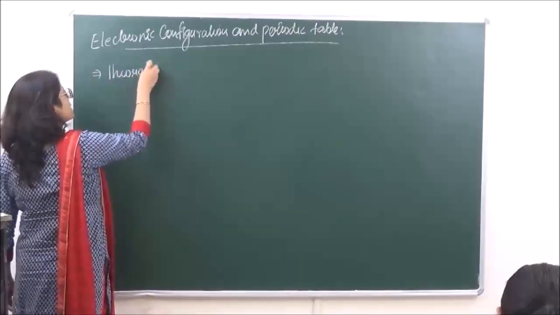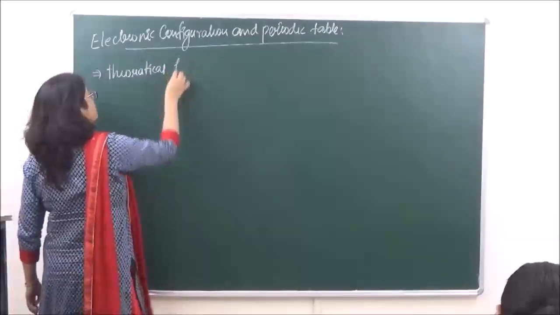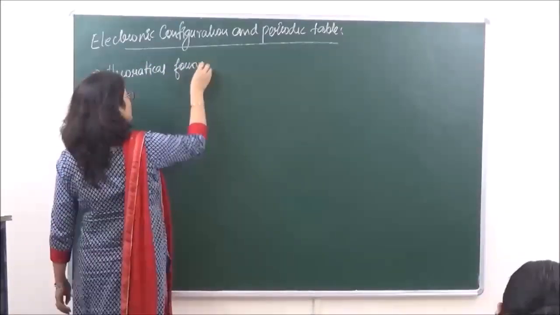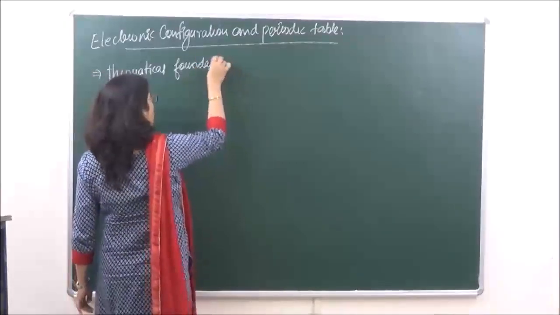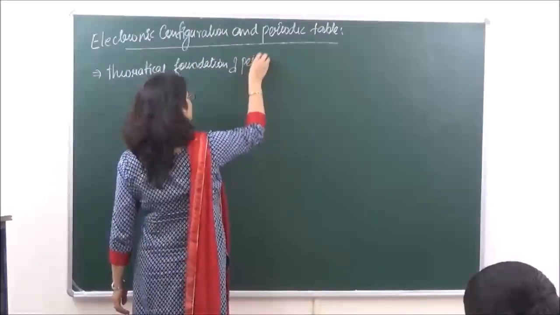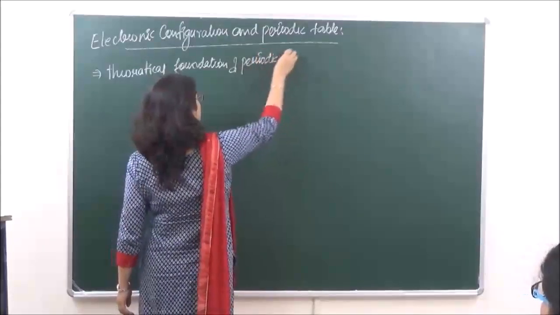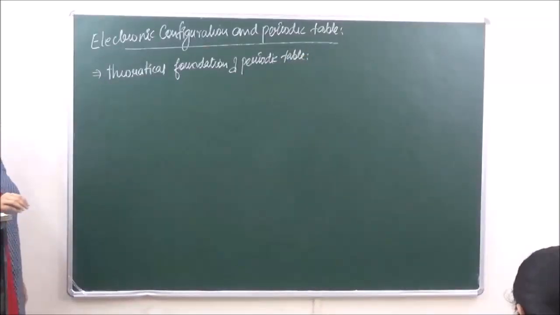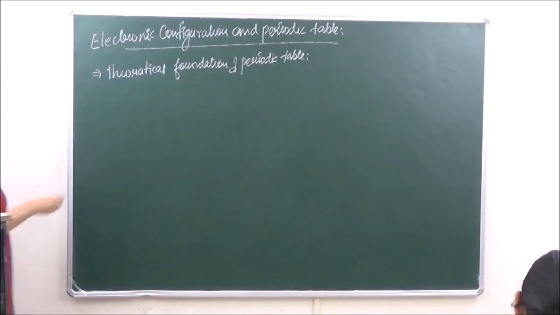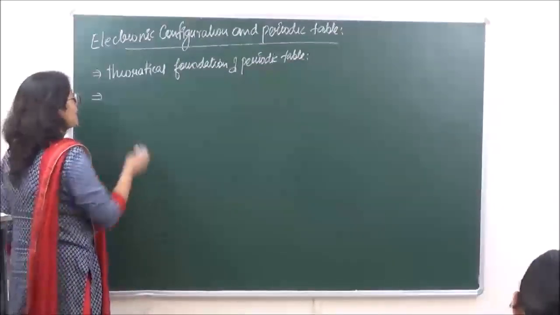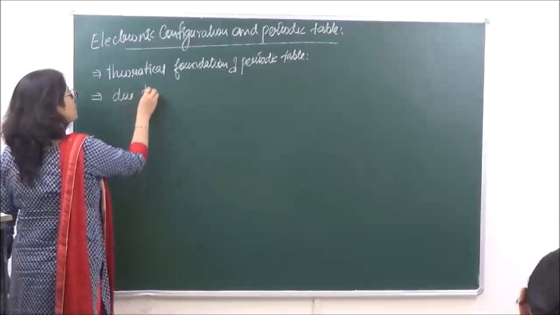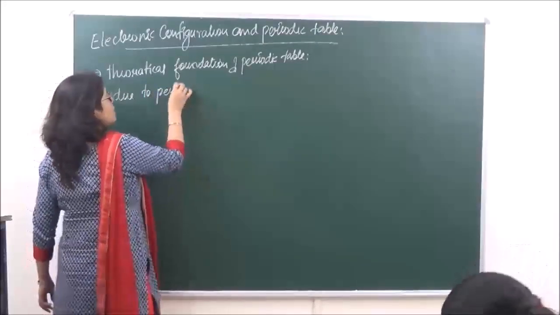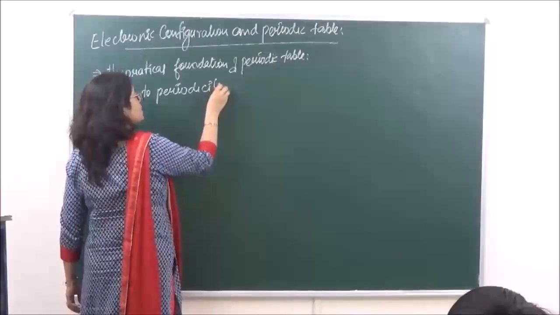Aufbau principle gives us the theoretical foundation of the periodic table, right? Now according to this, the periodic table is basically a consequence of periodicity in properties.